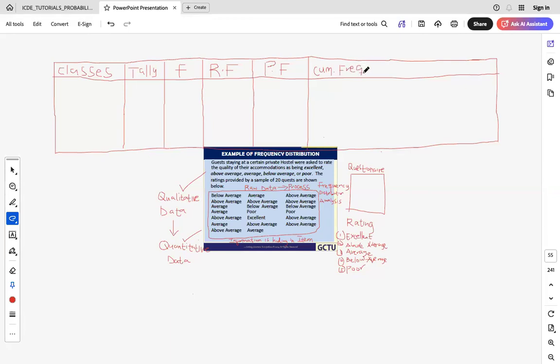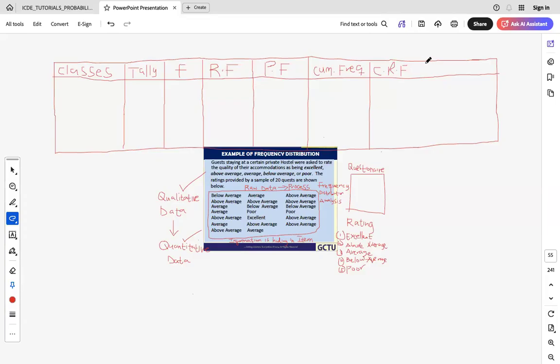So we are writing them in order of how we started. After the cumulative frequency, then we have the cumulative relative frequency, or the CRF.